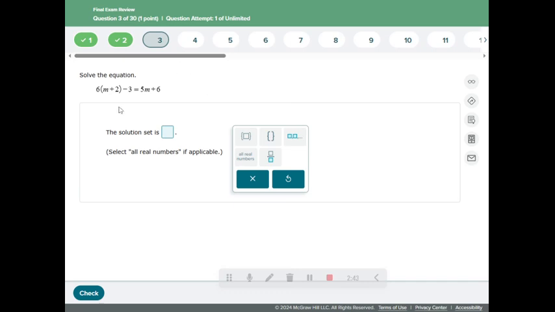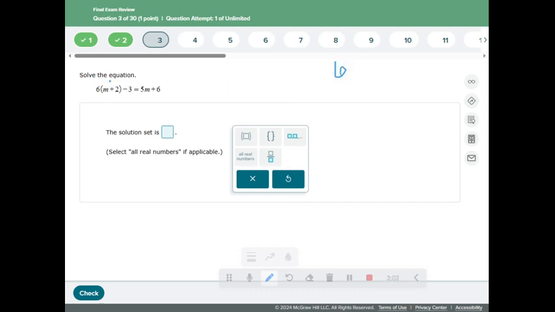Solve the equation. And notice we have a solution set, so that means we need to look for these braces.